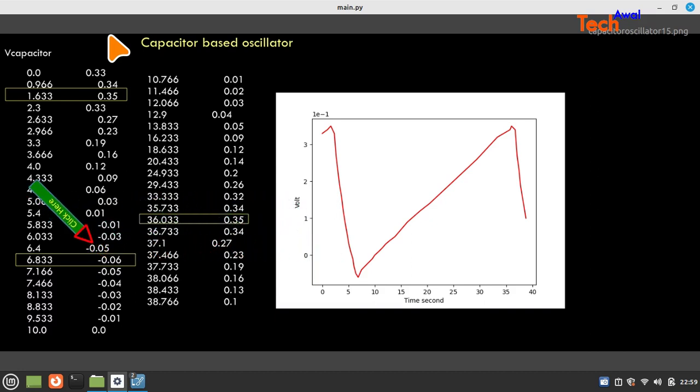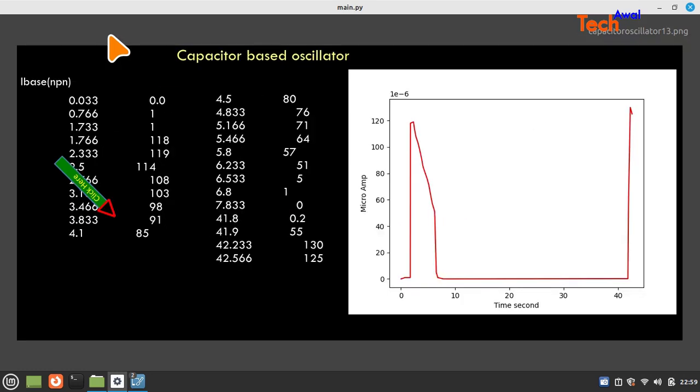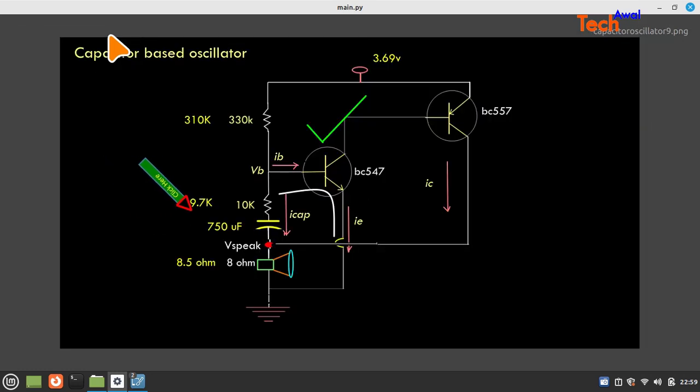Capacitor voltage reaching minus while discharging proves that there is still some voltage level here. Voltage level here means IC is there. So the transistor has not been completely switched off, and there is a current in IC, so a voltage drop is there.